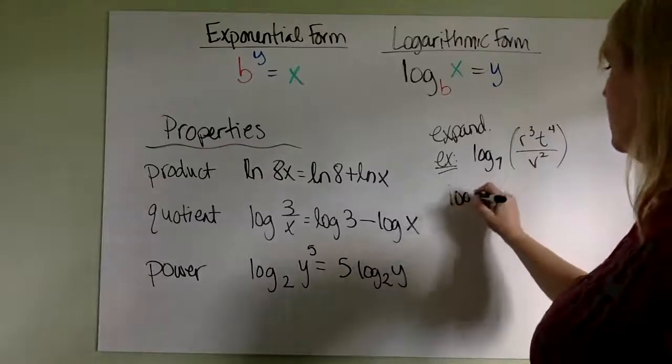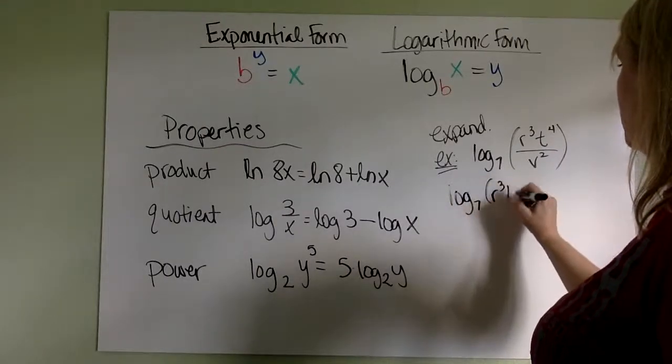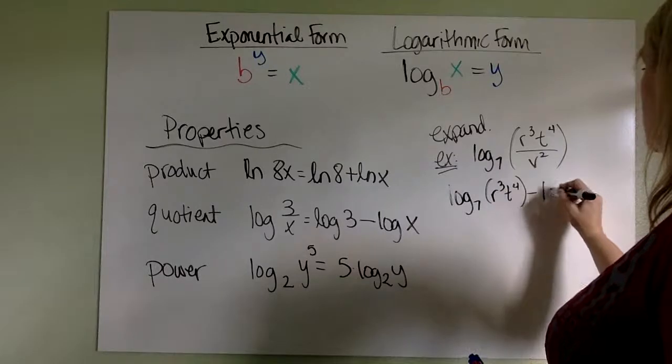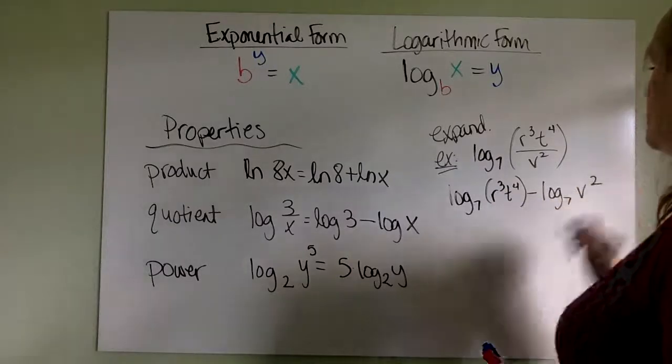What it would look like then was the log base 7 of r cubed t to the fourth minus log base 7 of v squared.